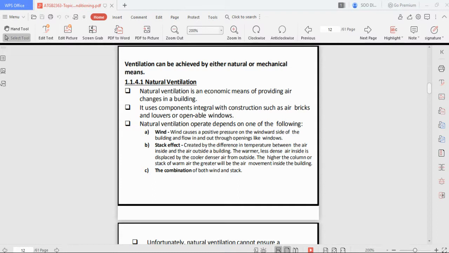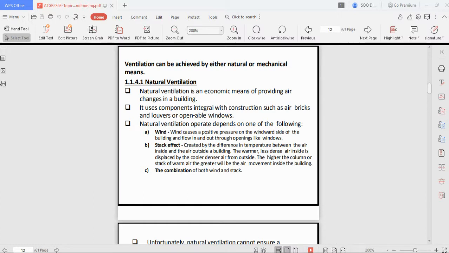So air can enter from any location, and it will be able to escape from this air brick. So why do we want to install our opening on top? This is because hot air rises.